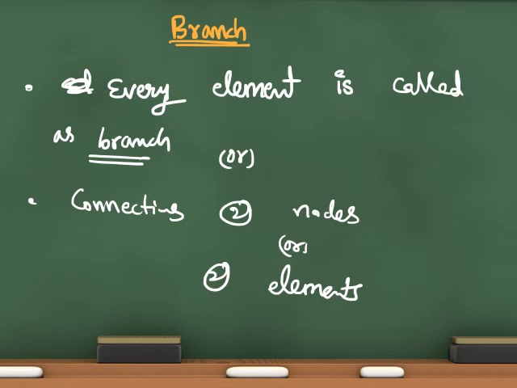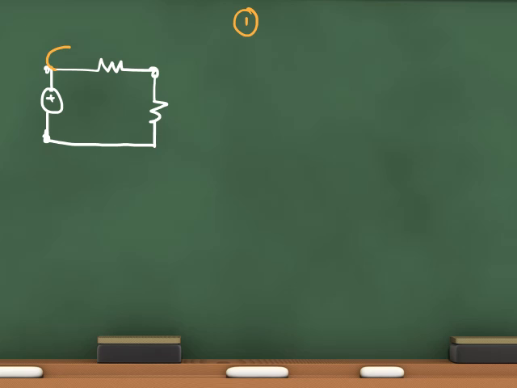We can define it any way. I will give you examples so that it will be very clear. Say this is one element, and this is another element, this is another element. The first definition is every element is called a branch. That means it is a branch, it is a branch, and it is a branch. So the first definition is valid.